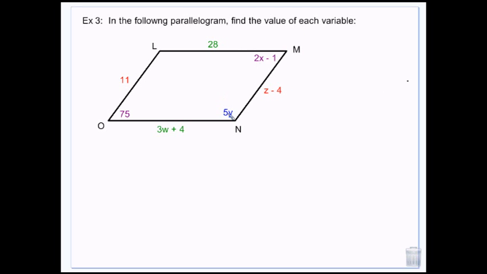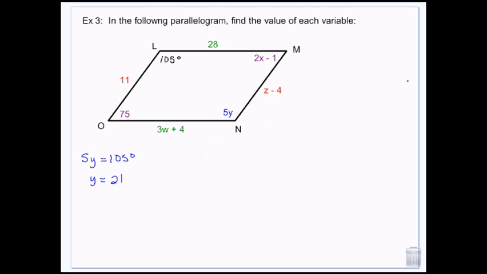So we can't find y yet until we find L. If this is 75, this is 105. So what I have is 5y equals 105. So y is 21. Well, not 21 degrees, just 21.